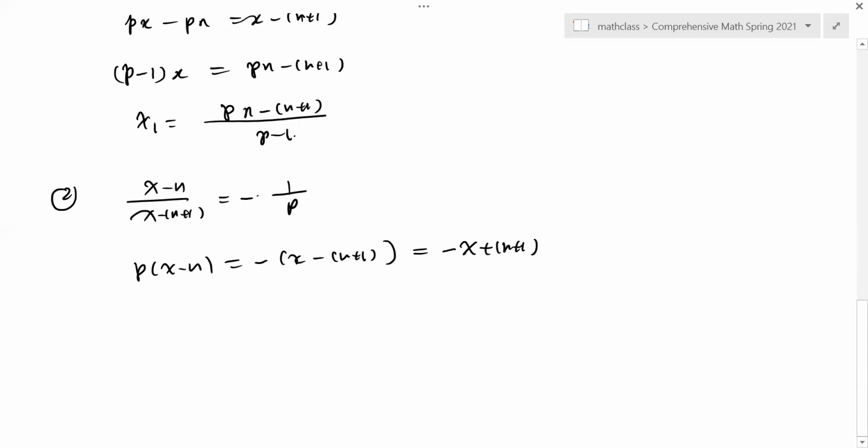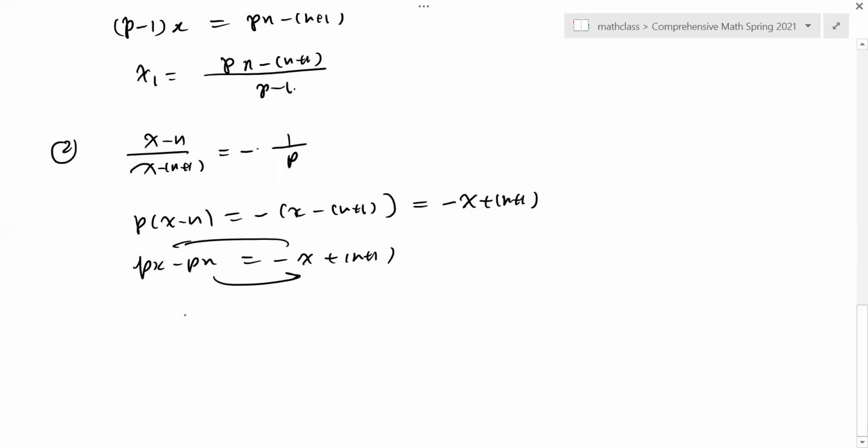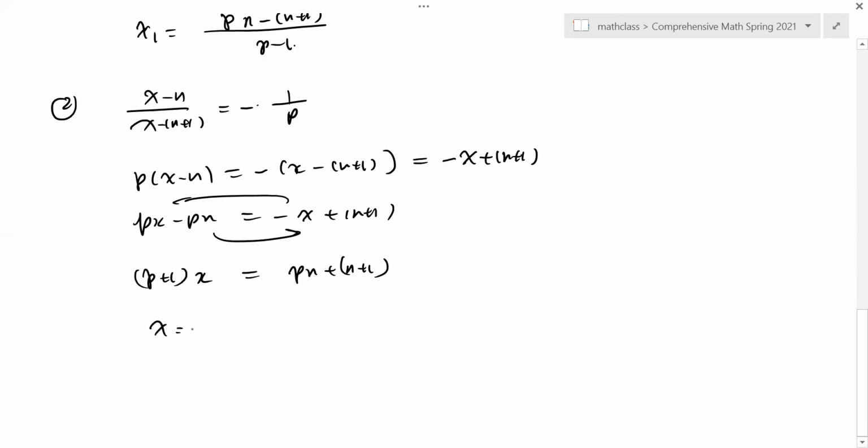But this side is px minus pn, right? Then I move this term to the left and the other term to the right. I get (p plus 1) x equals pn plus n plus 1. So finally, x2 is going to be (pn plus n plus 1) divided by (p plus 1).